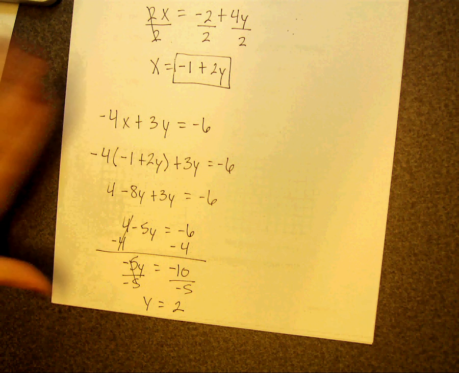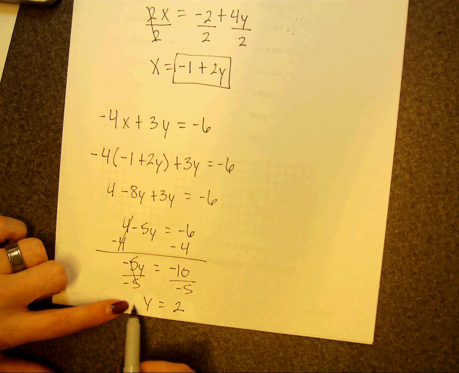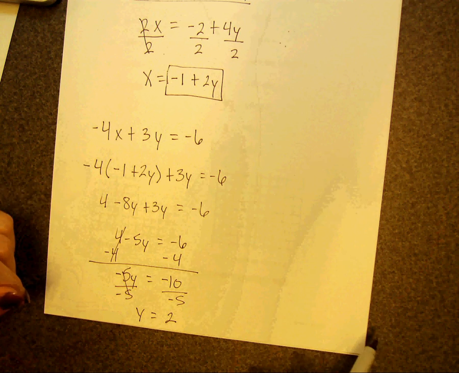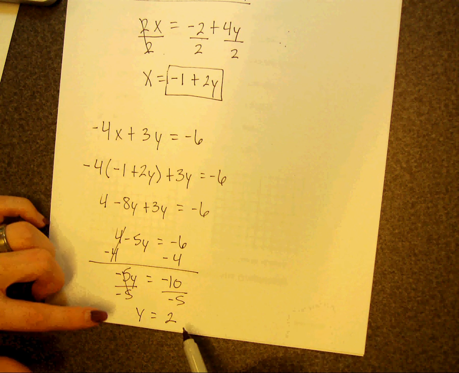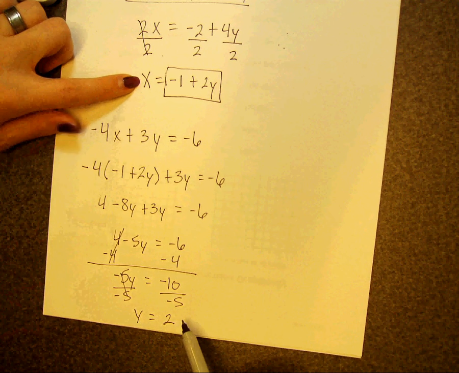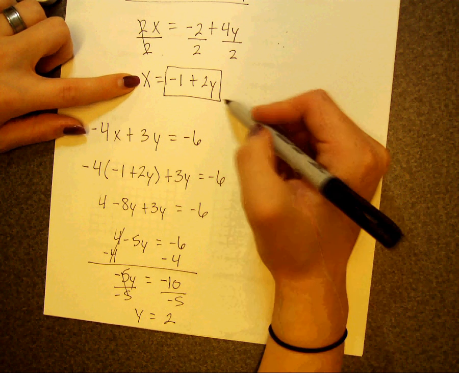Now, just like with elimination, I know what one of my variables is equal to. It's equal to 2. So I need to pick any one of my equations, doesn't matter which one at all, to figure out what the other variable is. Now, we already solved this for x, so it really would be easier to plug my y value back into this equation that we solved for.